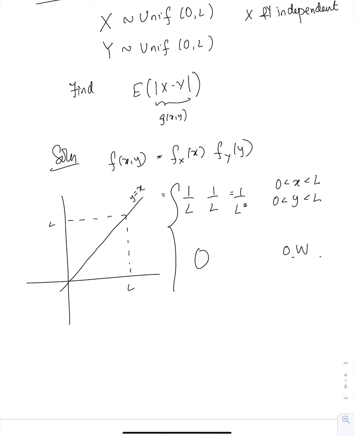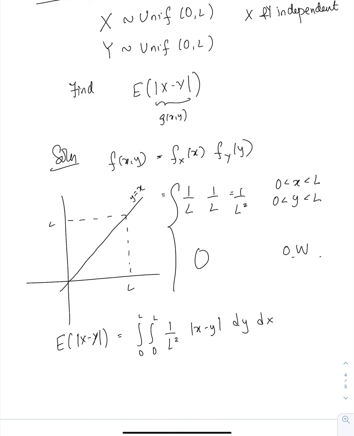All right, so let's write down the formula, expected value of the absolute value of x minus y. It is the integral. I'm just going to write 0 to L because that's where the density is non-zero. 0 to L, 1 over L squared, absolute x minus y, dy dx. Okay, all right.